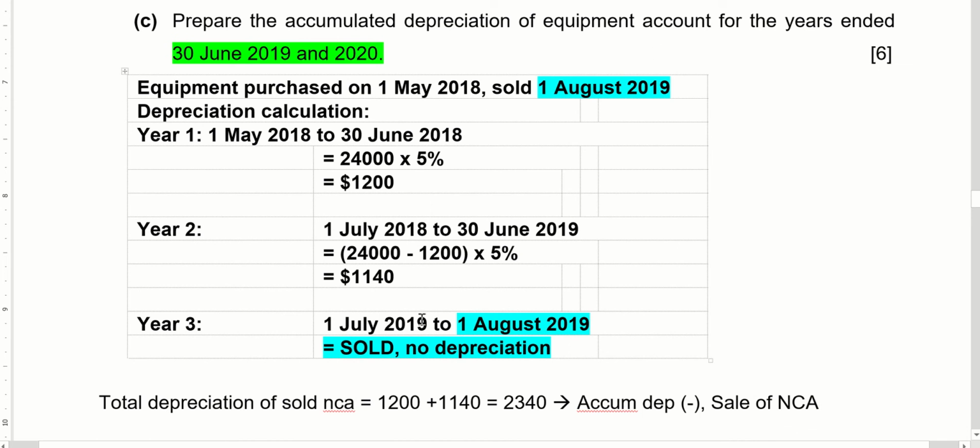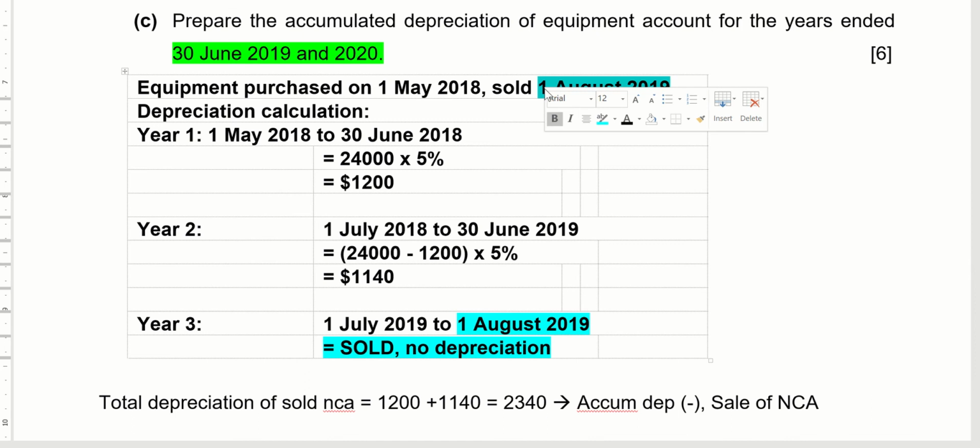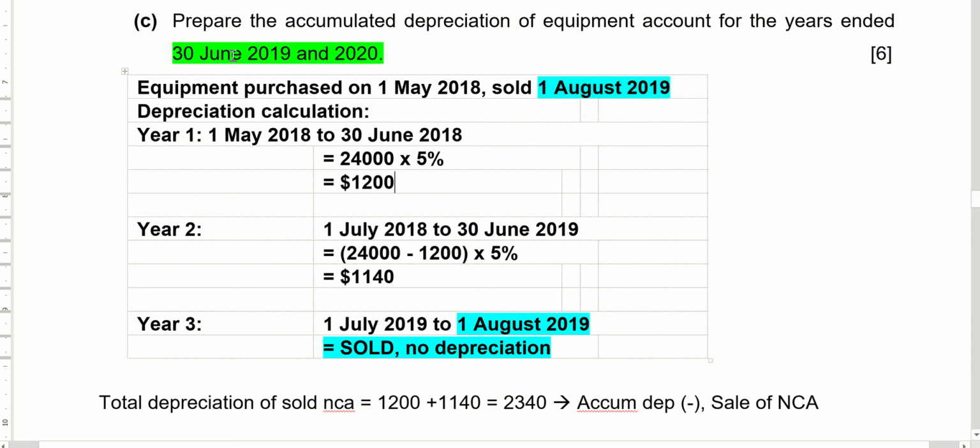All right, so you need to take note, your 1st of August 2019 happens after the 30th of June 2019. So all this depreciation calculation for your sold NCA didn't happen by 30th of June 2019, it happened after that. So on 30th of June 2019, actually nothing happened. It's business as usual.